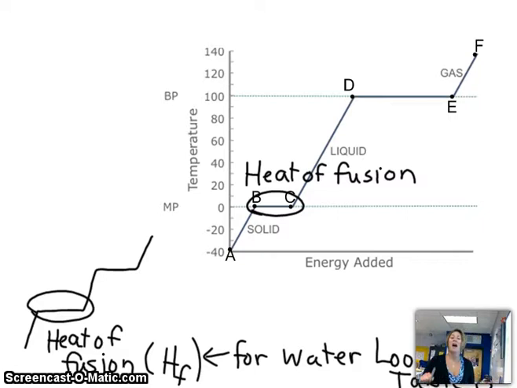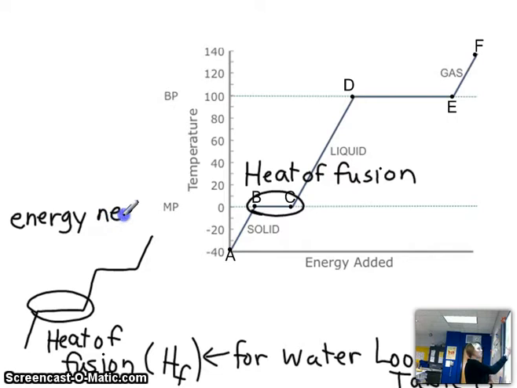It is defined as the energy needed to melt 1 gram of ice when it's already at its melting point, okay? It's the energy needed to melt 1 gram of ice.